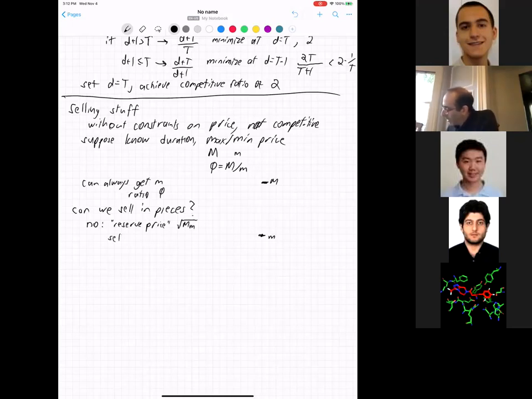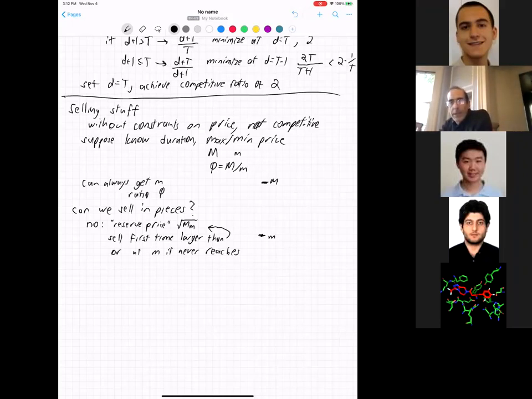So what that means is we'll sell the first time it's larger than that, or at little m if it never reaches it. Make sense?